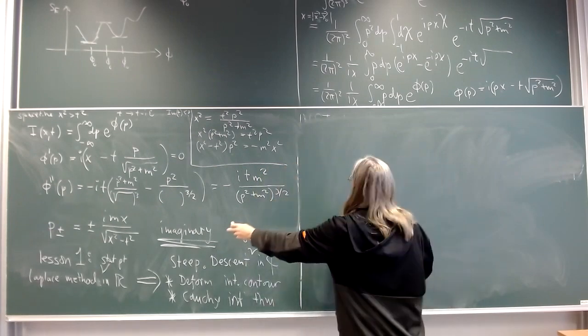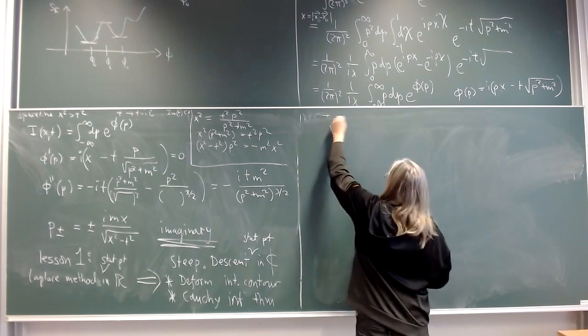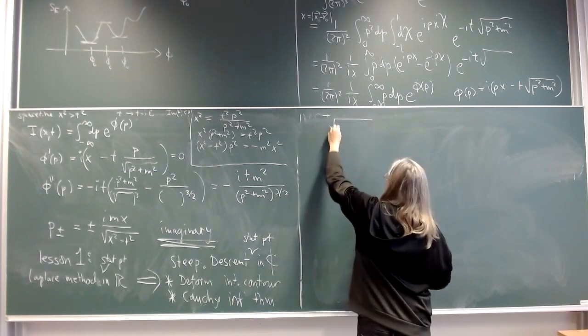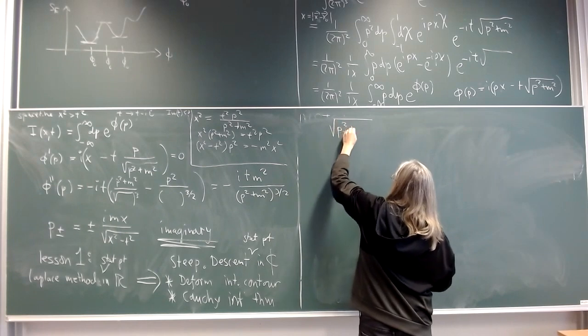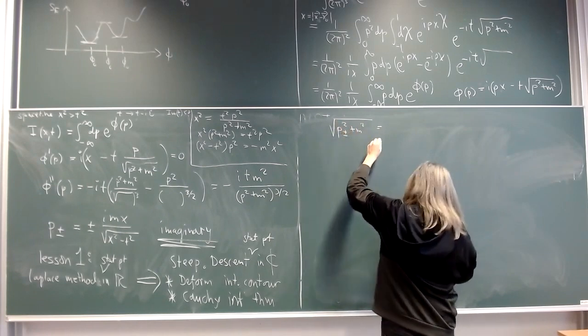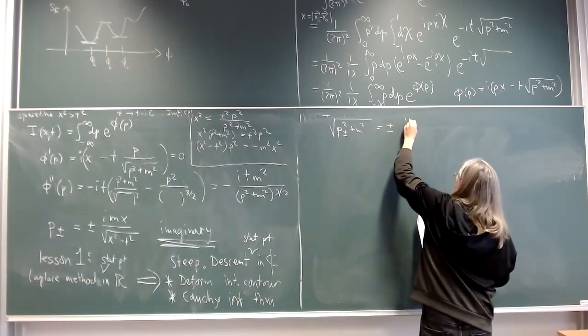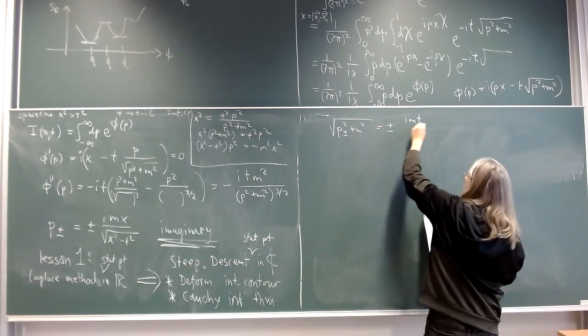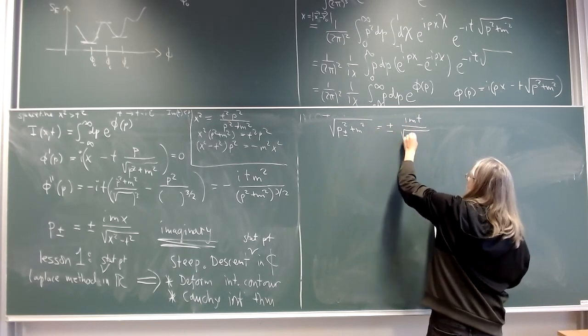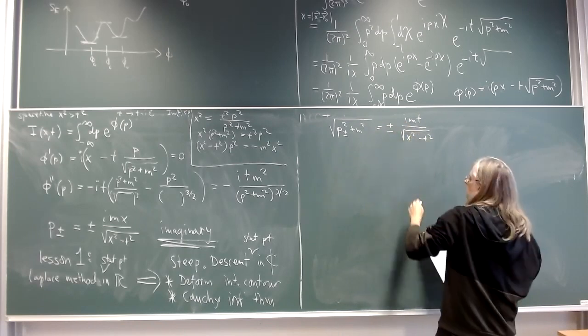So we have the p plus minus here, and then it's also very useful to write down what p plus minus squared is. It will be equal to plus minus i n over square root of p squared minus t squared.